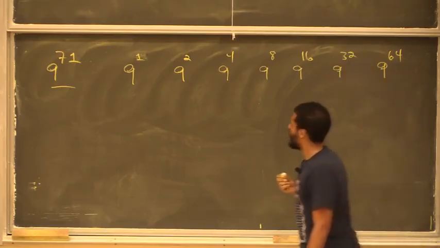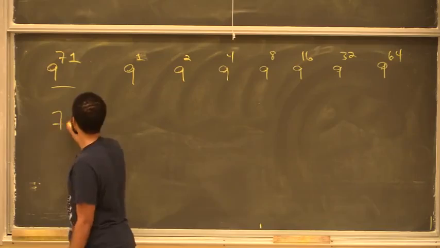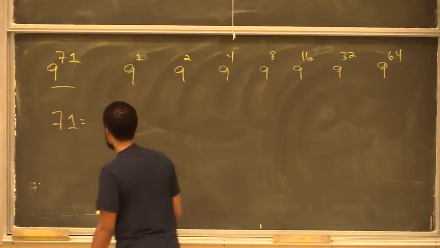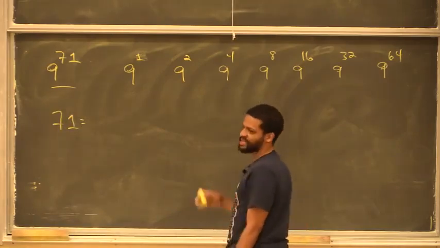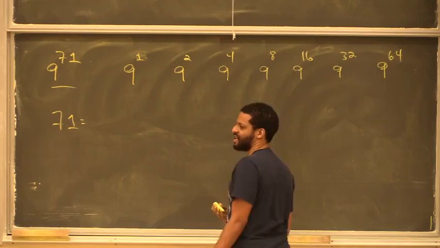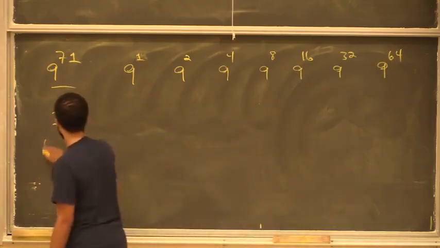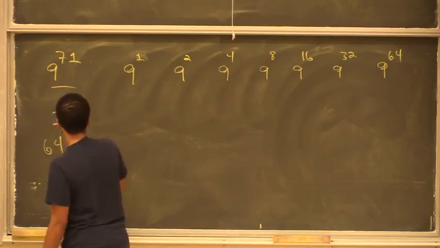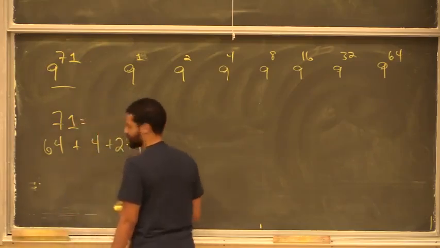Now what I can do is write 71 in binary. What is 71 in binary? It's 64 plus 7. 7 is 4 plus 2 plus 1. So this is 64 plus 4 plus 2 plus 1.